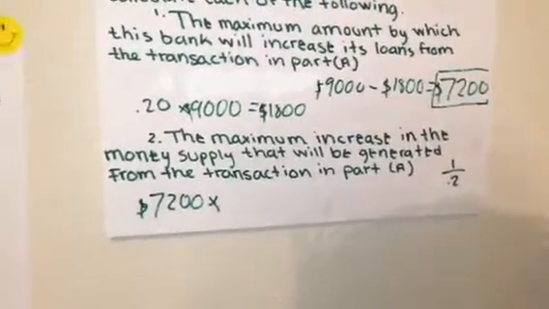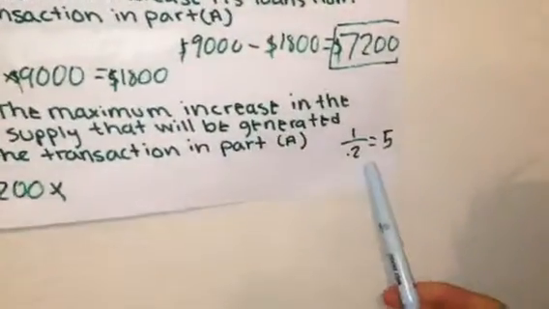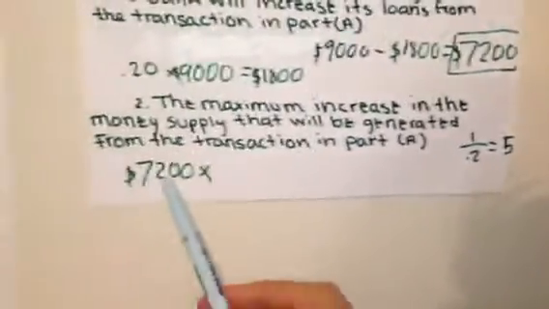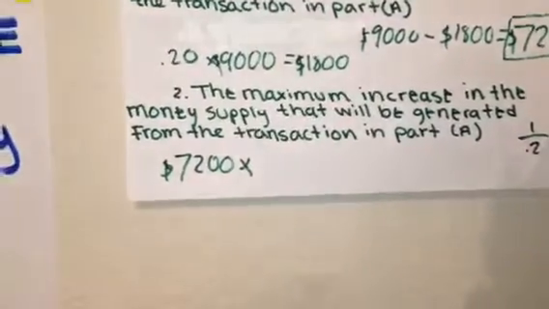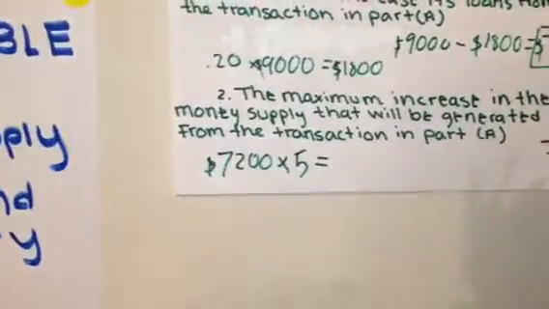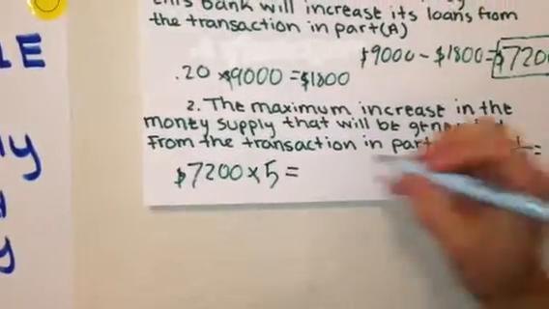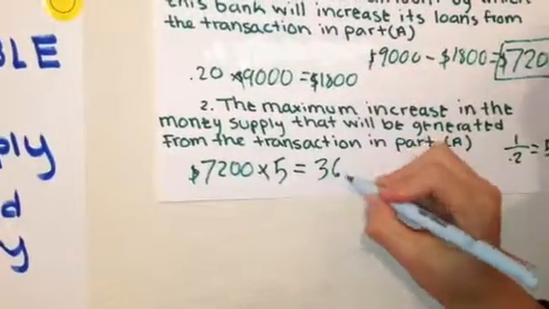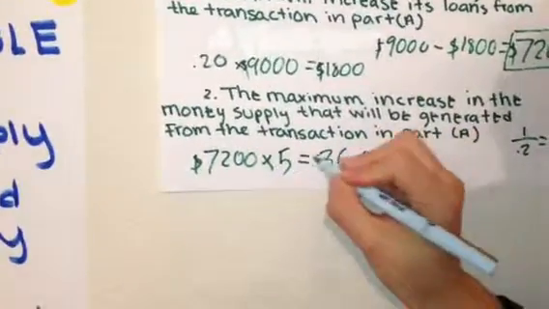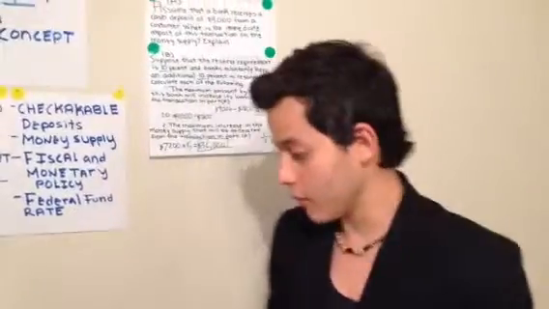So this is going to equal 5. We get the 5 and we multiply it by the 7,200, giving us a total of 36,000. Okay, hopefully you got that right. Now moving on to the next problem.